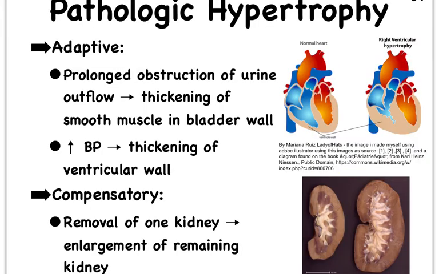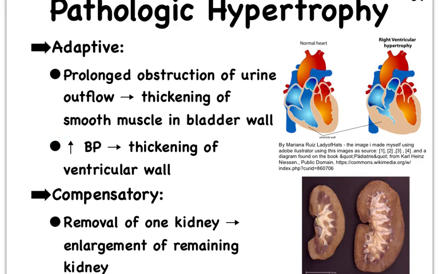So in addition to physiological hypertrophy, there is also pathological hypertrophy, and we have two forms, adaptive and compensatory. Let's take a look at the adaptive type of pathological hypertrophy, and I think we should start with our second example here.